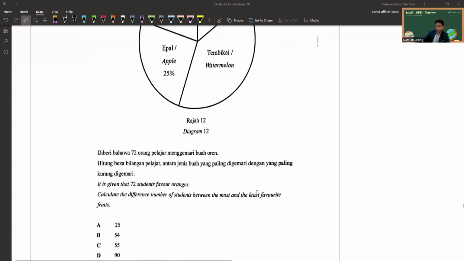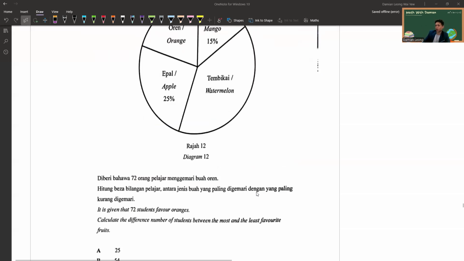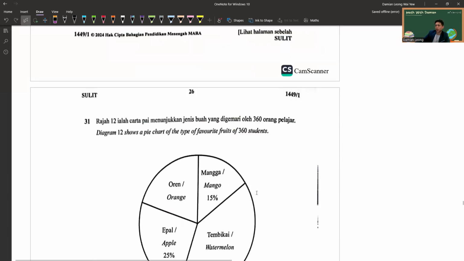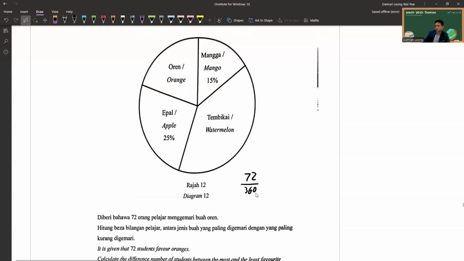Total is 360. So we find the angle for orange first. 72 over the total times the total angle of 360. So it's just 72 here.